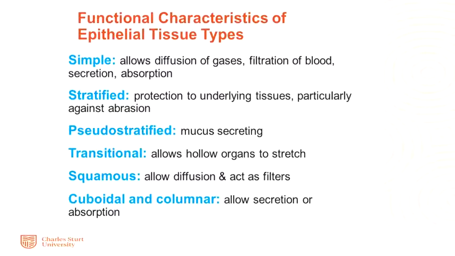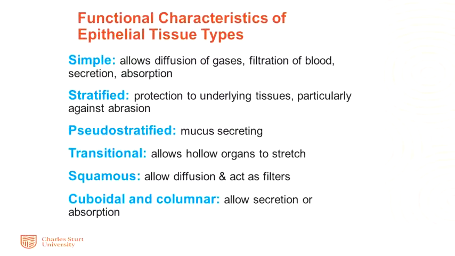We also have pseudostratified, which is mucus-secreting epithelium. We have transitional epithelium, which I just showed you, which allows hollow organs to stretch. We have squamous, so those flat cells in the apical layer, which will allow diffusion because they're very thin or flat, so gases could diffuse through those because there wouldn't be a long distance to diffuse.